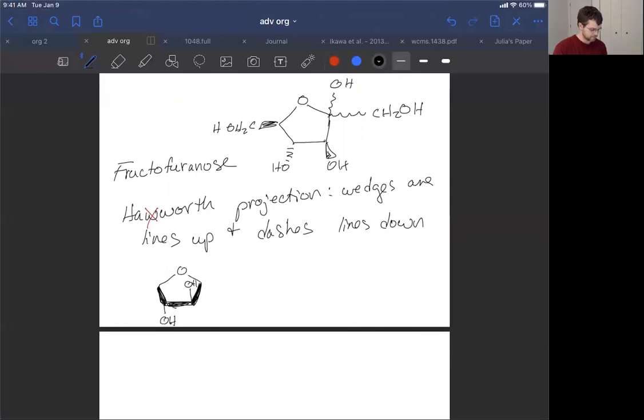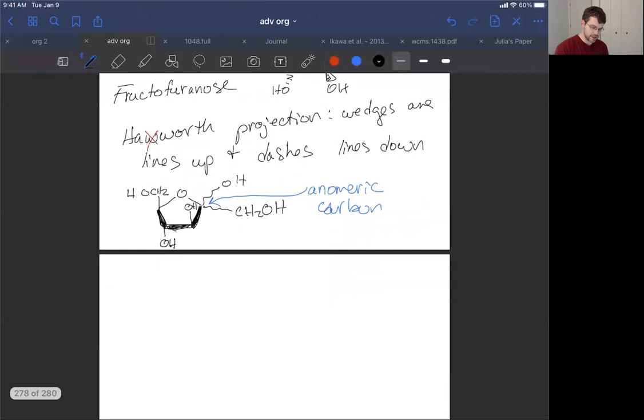And I'm going to ignore the H's. Okay. Now these two are still squiggles, and if you're wondering why, it's because this carbon is the anomeric carbon, and so it can scramble. Between these two species, you can get a ratio of the alpha and the beta forms.